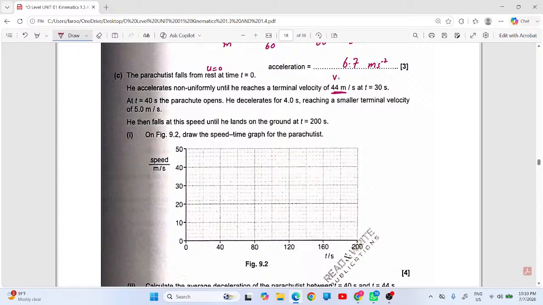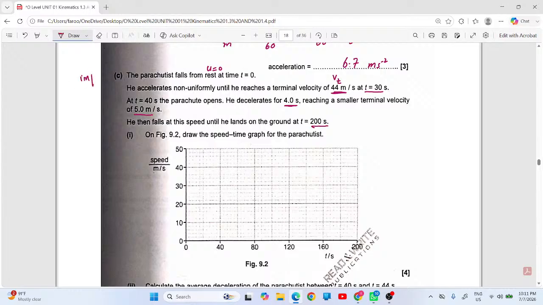At time 40 seconds, he decelerates for 4 seconds, reaching a smaller terminal velocity of 5 meter per second. He then falls at this speed until he lands on the ground at 200 seconds on figure 9.1.